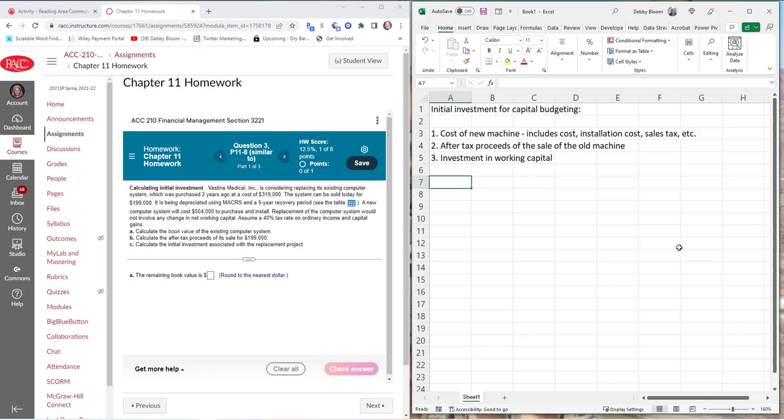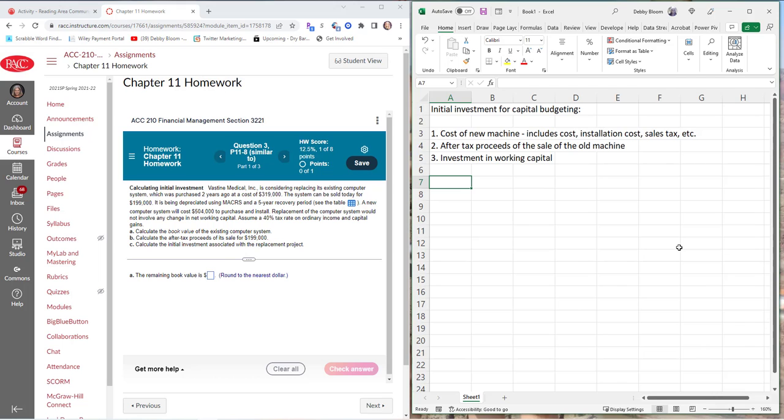So part 3 would mean if you needed to hire a new worker to operate the machine, or if you needed additional materials or repairs and maintenance associated with the machine, you would have to plan for that as well.